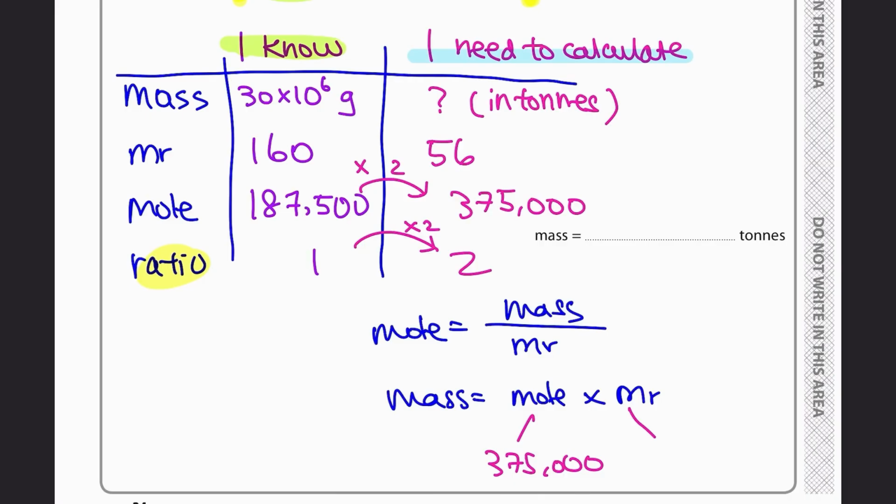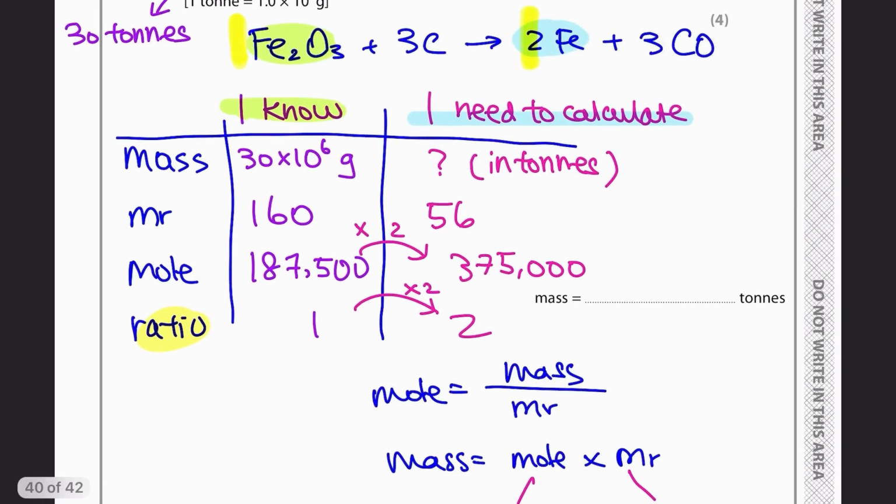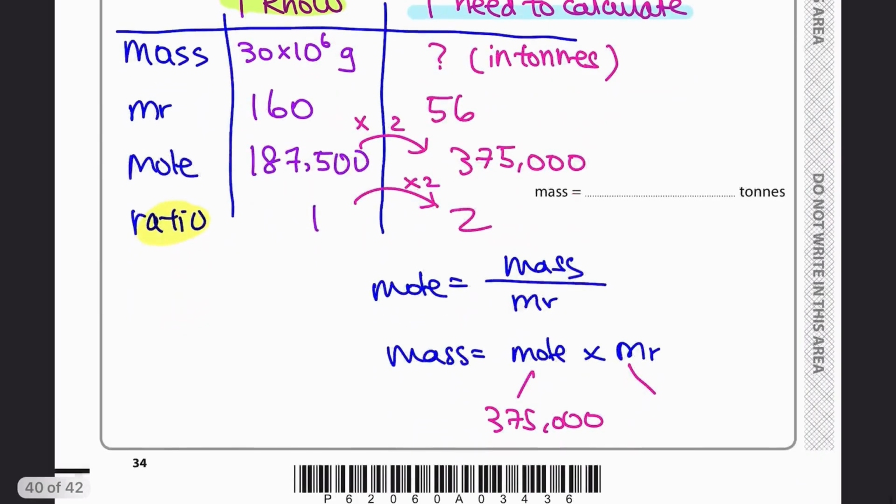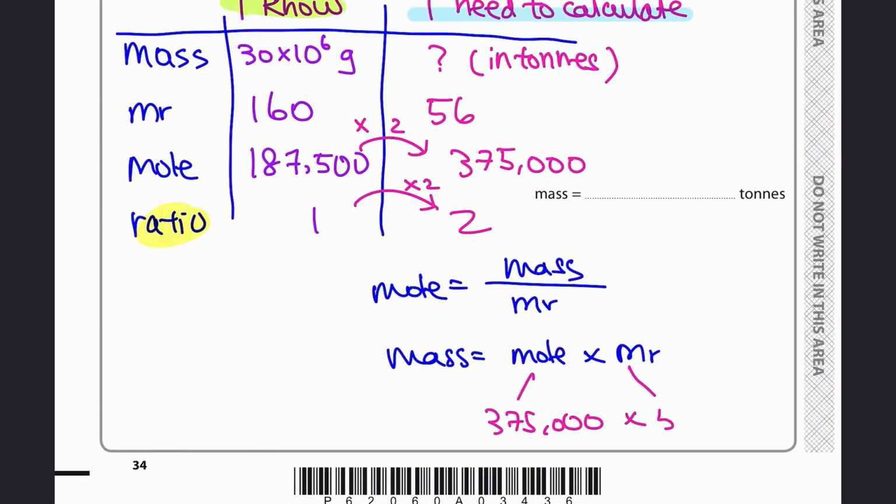And then the Mr. is for iron, because it's iron here, right? This is what I need, iron. So that's times by 56. 375,000 times by 56. Let me just do that. And that answer is 21 and a lot of zeros.